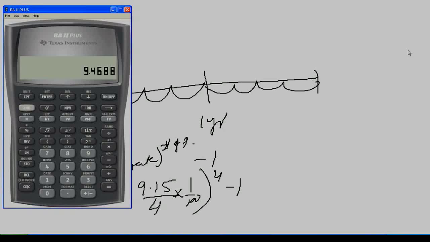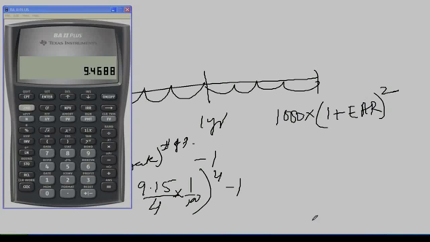Now, by the same logic I gave you earlier, can I say that the amount you will get after 2 years will be 1000 into 1 plus your effective annual rate to the power number of years, right? So it will be 1000 into 1.094688 squared.